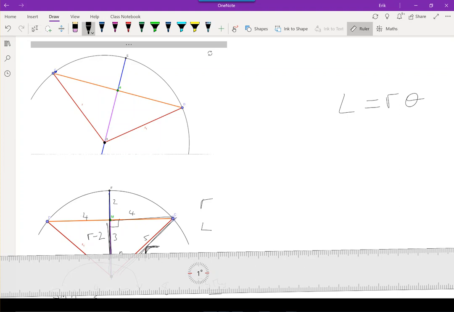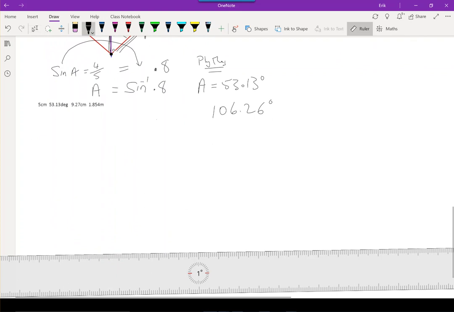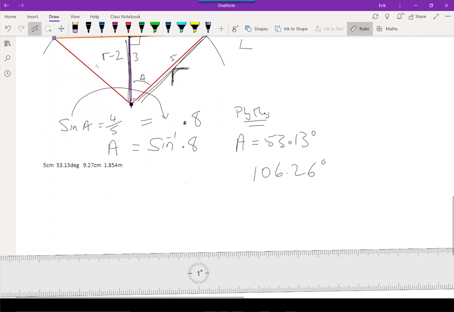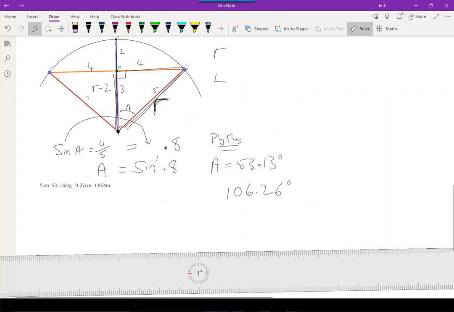Okay, that's possibly better. But then you have to be really careful about changing your calculator over and back. And I basically say to you, if you're not doing the calculus section of the course, try to leave your calculator in degrees.